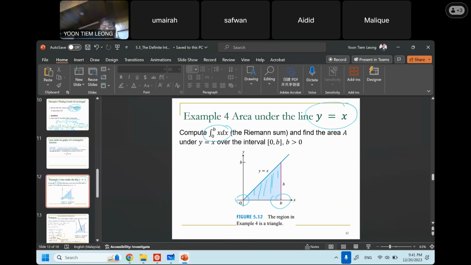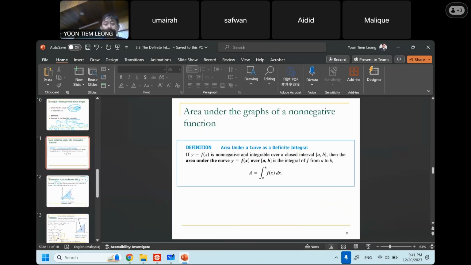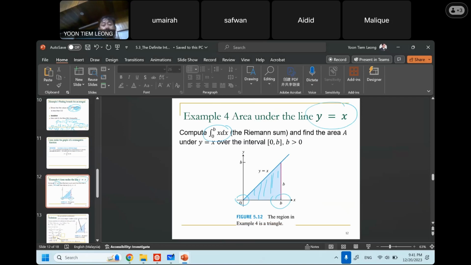This is the theorem. Using this definition, you can calculate the definite integral of x integrated between 0 and b.